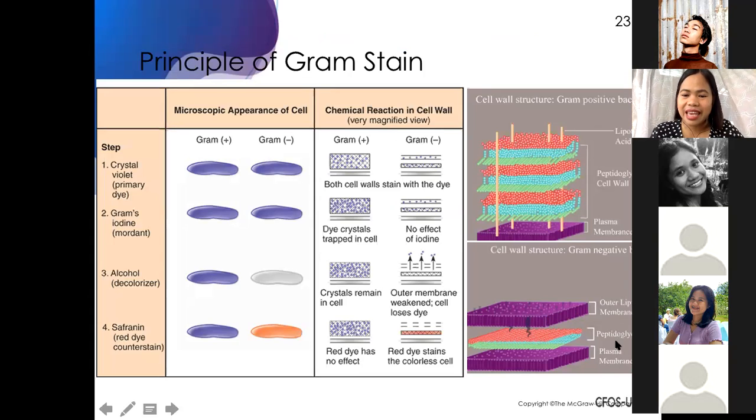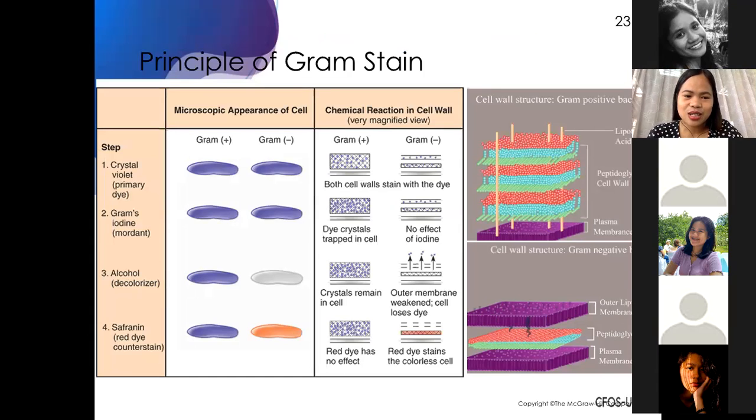This is the lipid layer, right? So in gram-negative bacteria, after addition of the alcohol, the lipid dissolves in the alcohol. When it dissolves, the crystal violet iodine complex comes out. That explains why the purple disappears: the crystal violet iodine complex has come out.